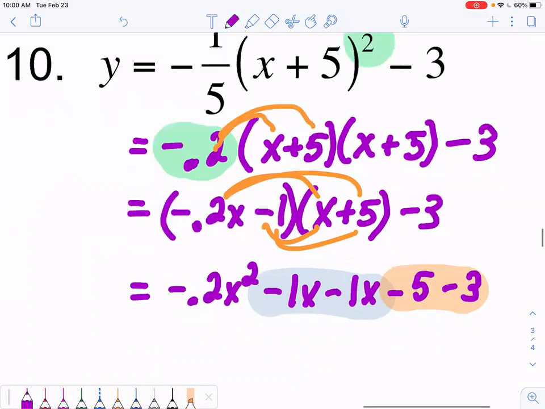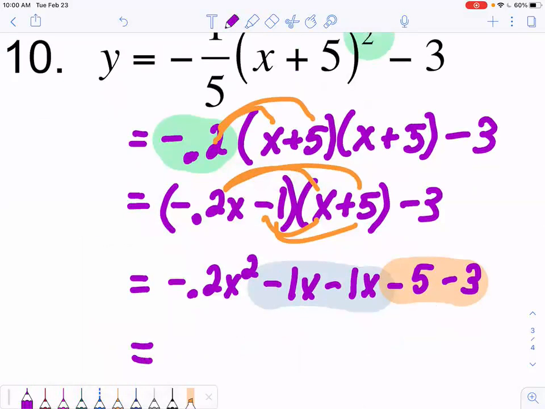So Jason, what do you get when you combine it for a final answer? Negative 0.2x squared minus 2x... Finish it off. Not minus 2. Negative 5 minus 3.